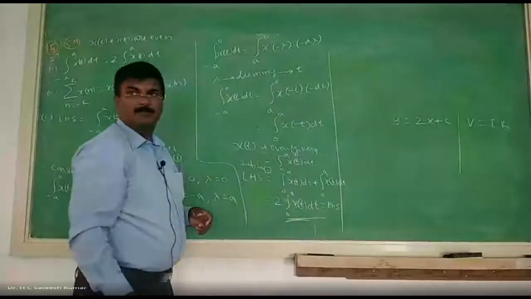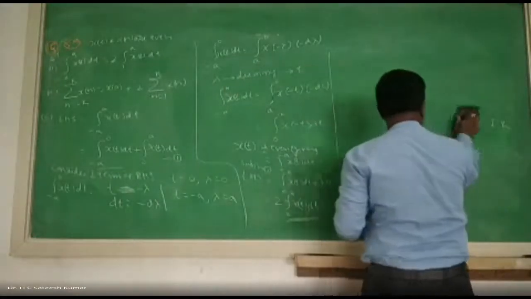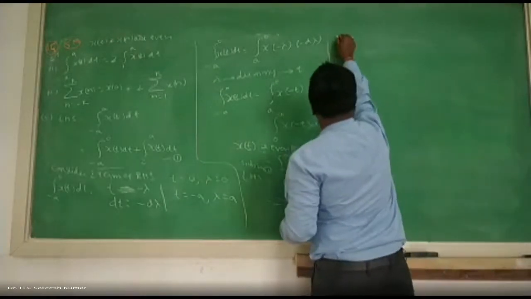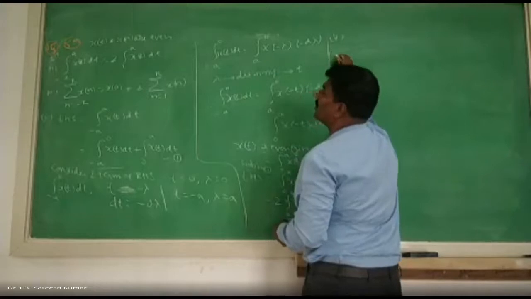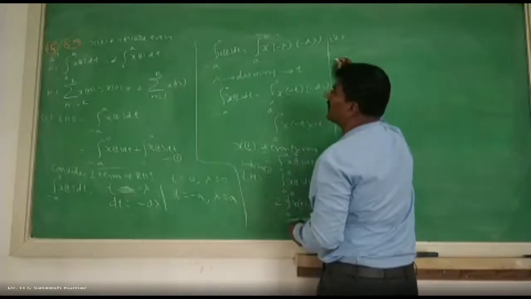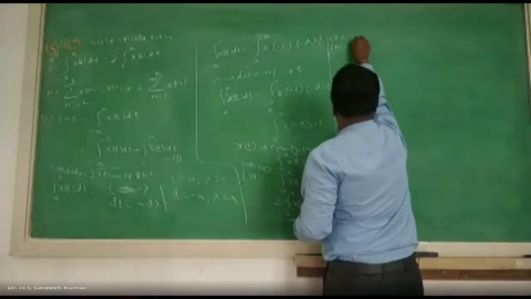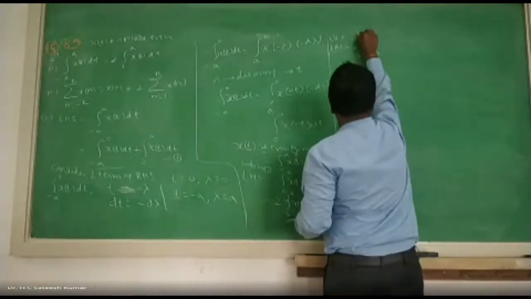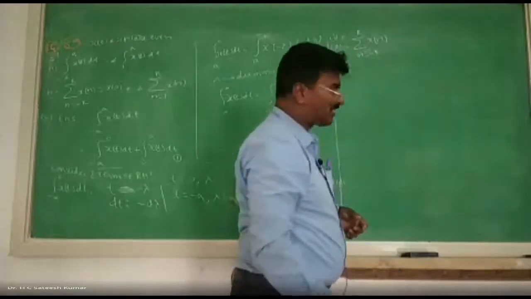Okay. Now, go for the second one. So that is the first part. The second part is something like this. What do we have? LHS is equal to summation n varies from minus k to plus k of x of n.